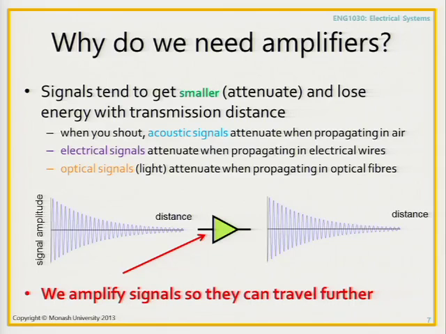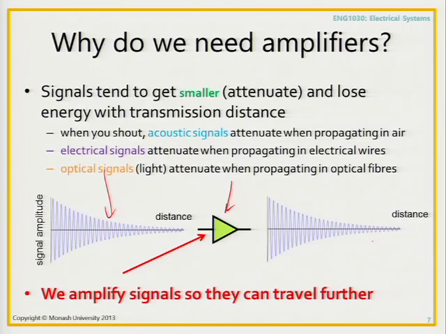Signals tend to drop with distance. But we can use the microphone system: take the signal from my voice, turn it into an electrical signal via the microphone here, and transmit that electrical signal up to the speakers located all around the room, and that has amplified my voice. And these are all done via amplifiers.